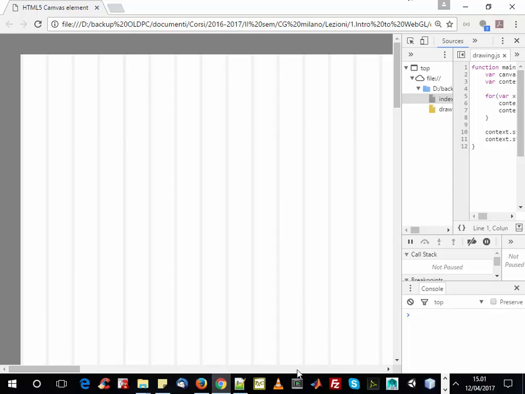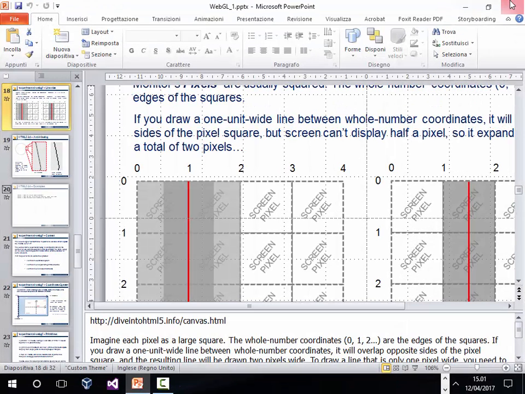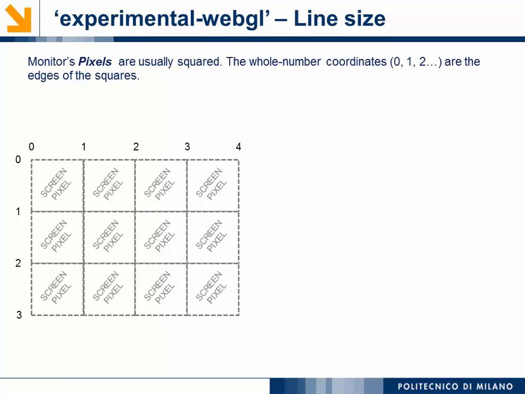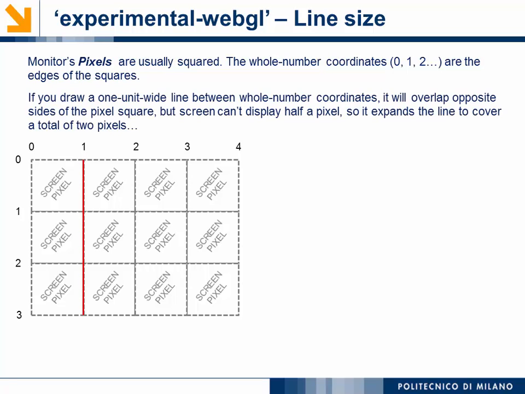Why is this? Okay, this is because the pixels on your monitor are usually squared, and the whole number coordinates define the edges of those squares. So if you want to draw something just 1 pixel wide between whole number coordinates, it will overlap a total of 2. You see the red line, it is an edge for 2 columns of pixels. So this is your intended line.